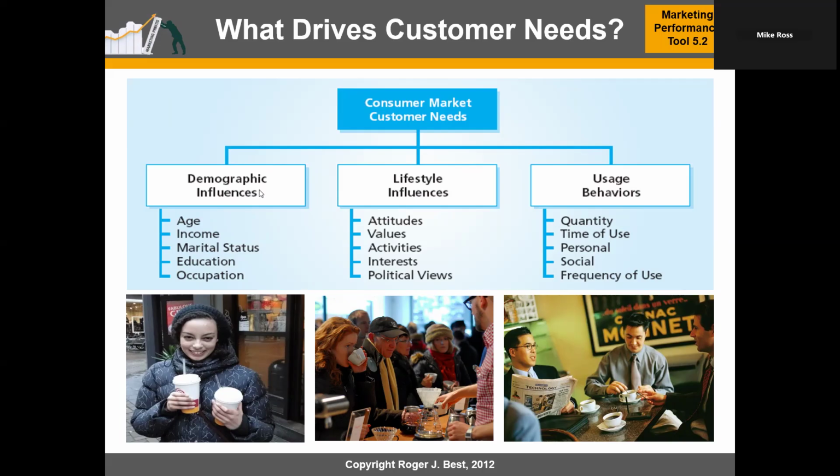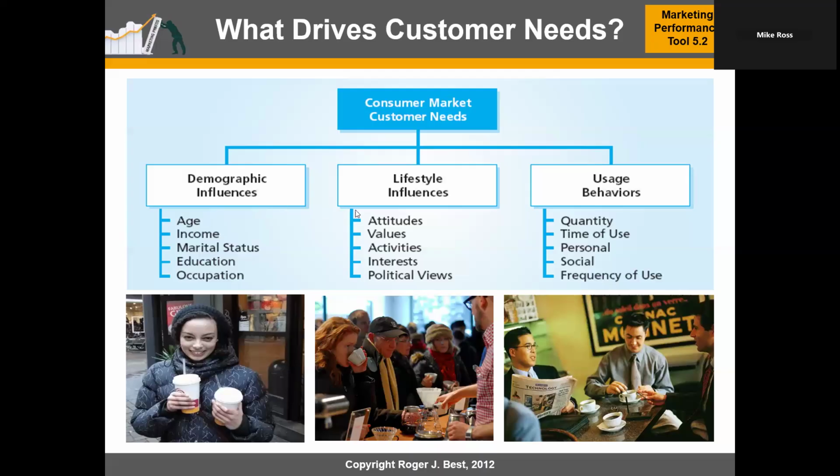Certainly we can think about demographic segmentation or demographic attributes. These are the ones that are pretty obvious. We can look at someone and, in general, guess their age, and we could guess their income or marital status or education level or what kind of profession or occupation they have. Those are what we would call obvious market segmentation attributes.